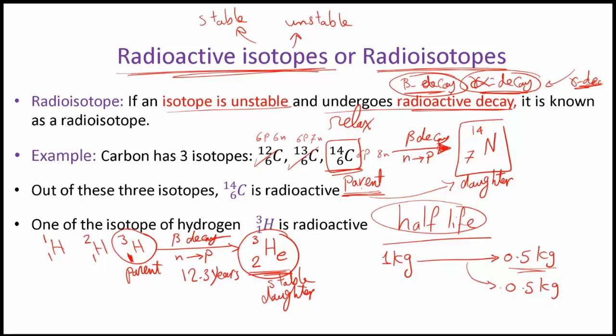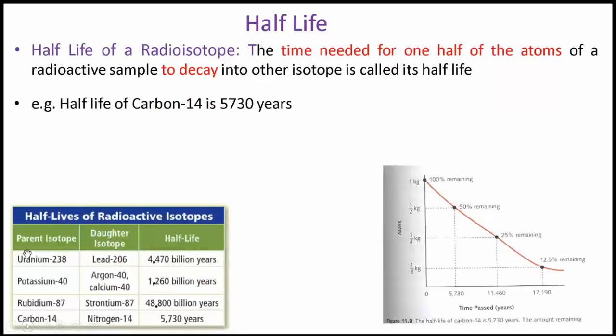For carbon-14, it's 5,730 years. So every 5,730 years, half of the amount of carbon-14 changes into nitrogen-14 and the other half stays as it is. So that's called the half-life.